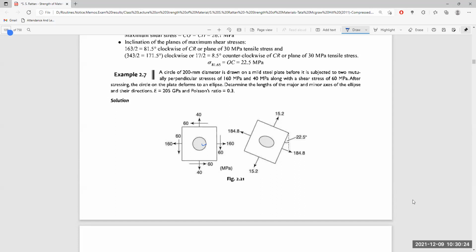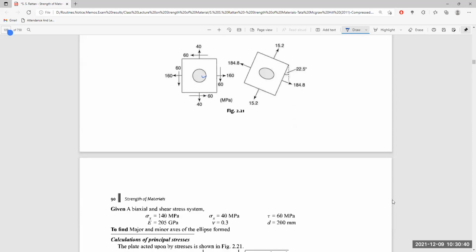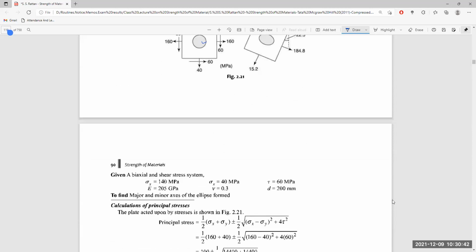After stressing, the circle of the plate deforms into an ellipse. Determine the length of the major and minor axes of the ellipse and their direction. Take E equal to 205 GPa and Poisson's ratio 0.3. So all these things are given: Poisson's ratio, diameter, sigma y, tau, and E.